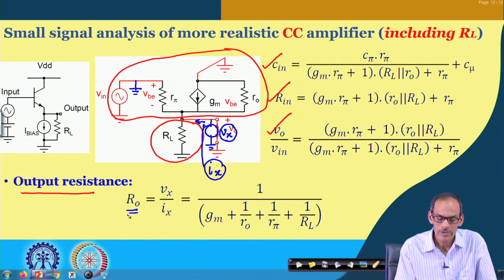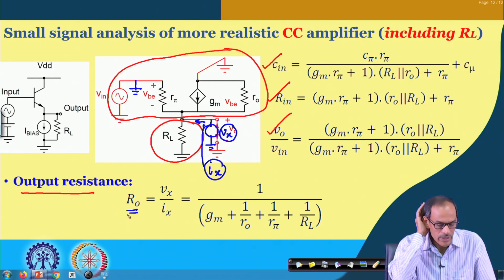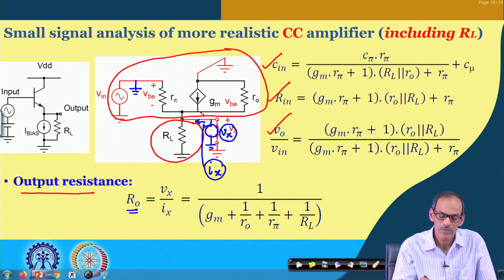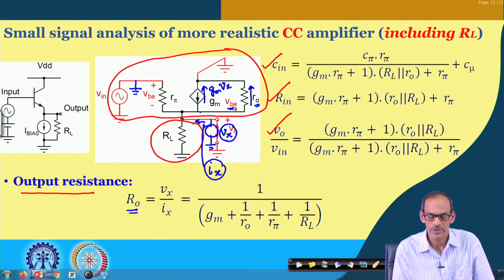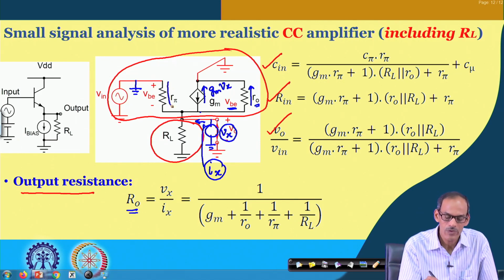Earlier, you may recall that if I apply Vx here, the current flow here is Vx divided by ro, the current flow here is gm into Vx, because Vb equals minus Vx.